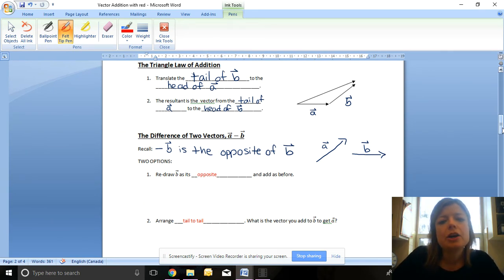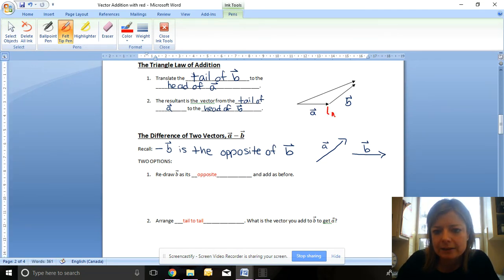So in this law, you would take the tail of B and stick it onto the head of A. So notice here, this is where you place it head to tail. Okay, and then the resultant goes from the tail of A to the head of B. So this vector here is A plus B.